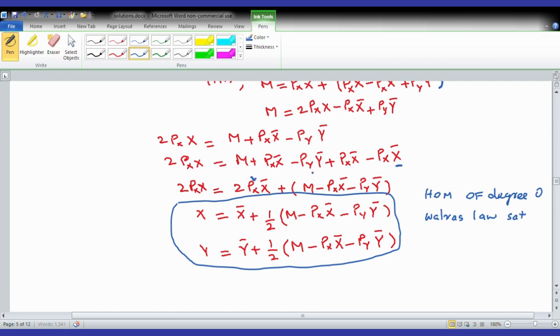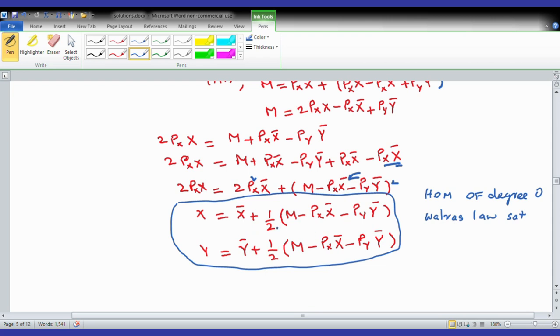This 1 px bar x bar is left, and this is coming here, and then py y bar is coming here, and so I get x equal to x bar plus half of m minus px x bar minus py y bar divided by p rather.